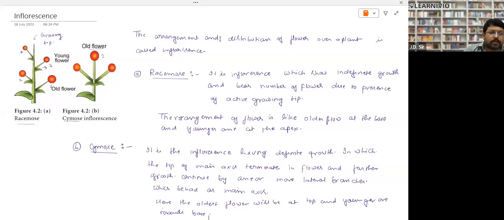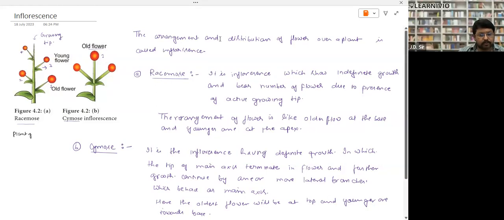Look, first I will explain. You have to remember, in racemose, please try to understand what I am trying to convey. Where racemose is found, the plant growth continues.